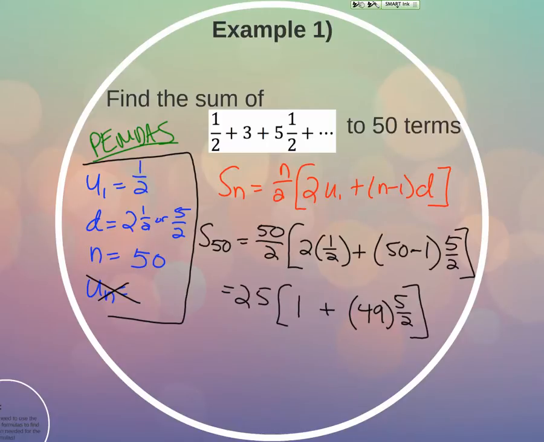Now I do need to multiply the 49 times 5/2 before I add this up. This isn't going to add up to 50. Remember, we have to multiply this first. That's kind of the most common mistake I end up seeing. So 49 times 5/2 is 122.5.